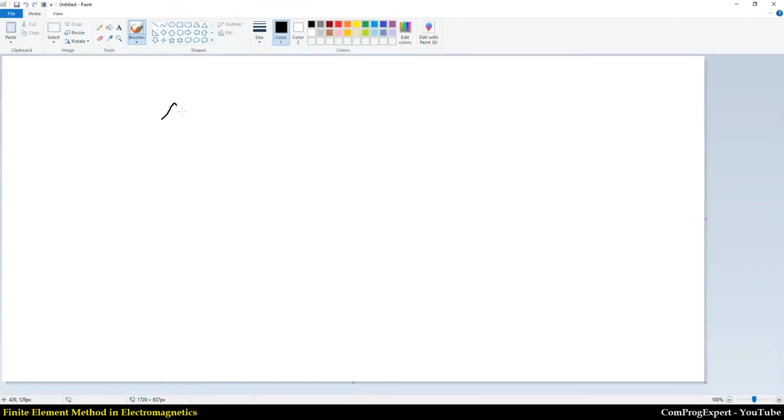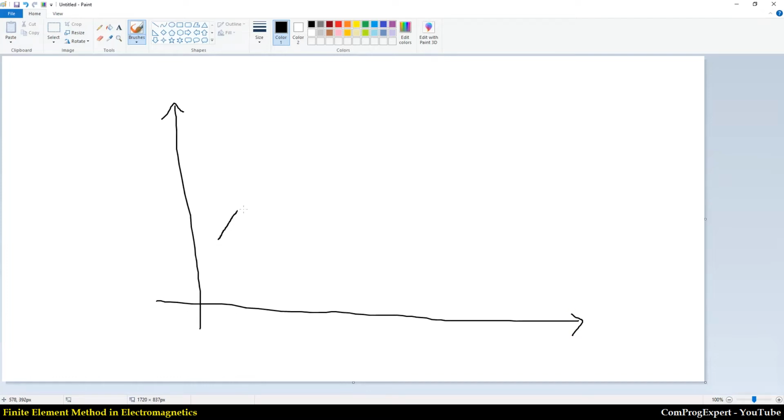So we should have something like this iteration number here and the amount of electric energy after mesh refinement. So when we have convergence in the value of total electric energy stored in the solution domain, we can say that the solution is fine enough.